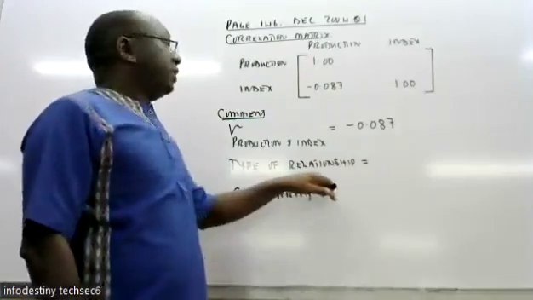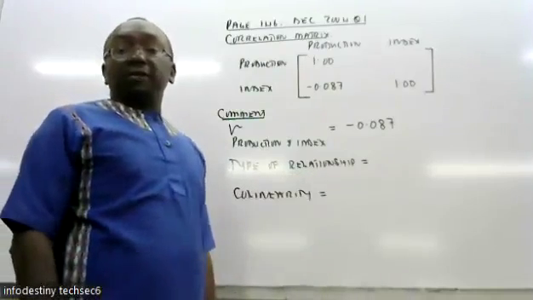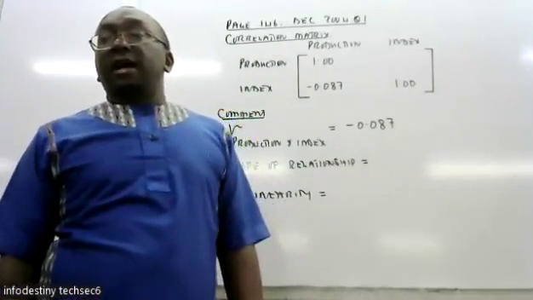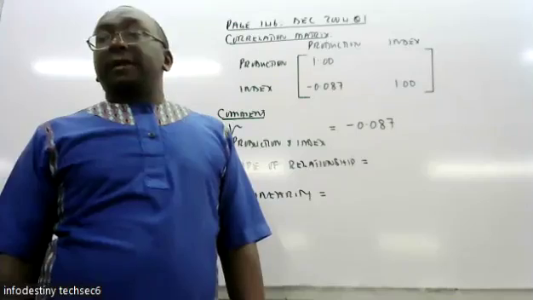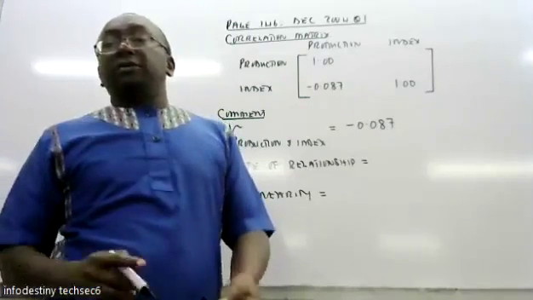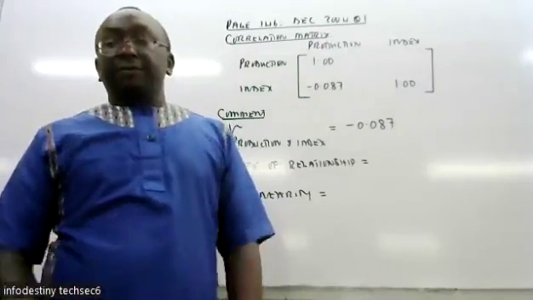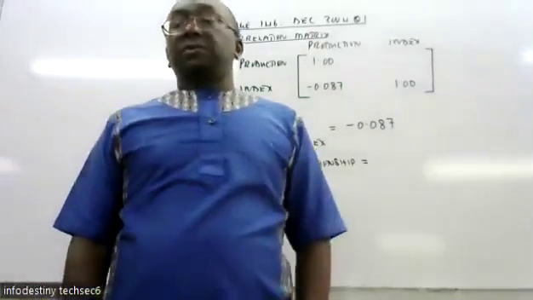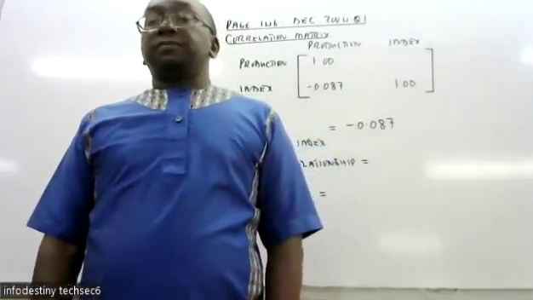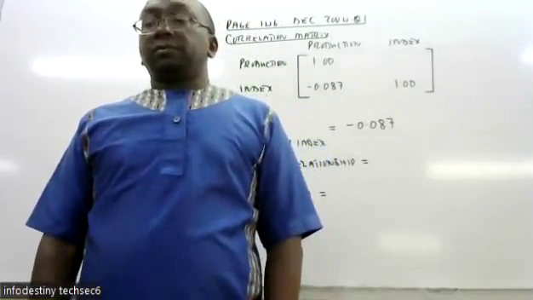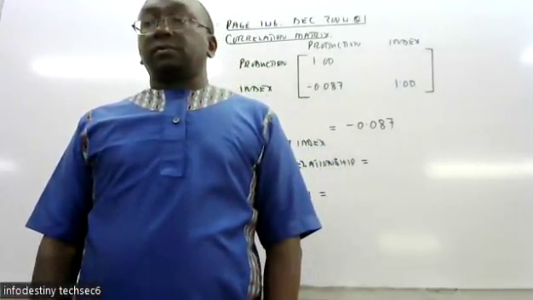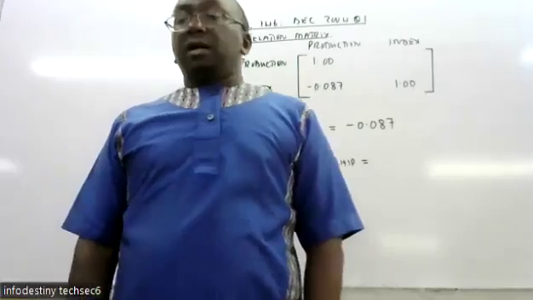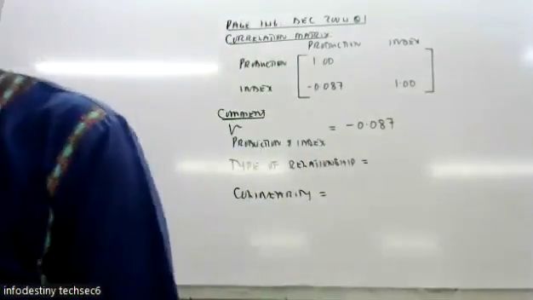Okay. Type of relationship. I taught you types of relationships. So is this direct or inverse or not? Okay, check in your notes, where we started, regression analysis. I taught you types of relationships. I think where we studied the regression analysis method.